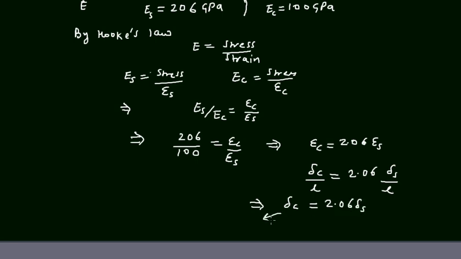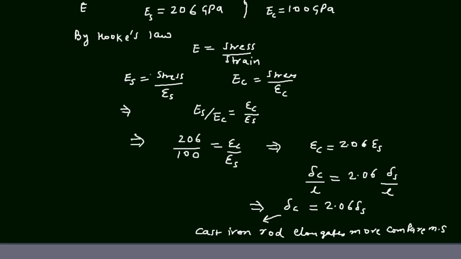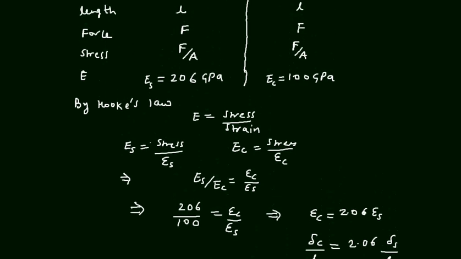So from this statement we can conclude cast iron rod elongates more compared to what? Mild steel rod. Okay, and hence which option is correct?